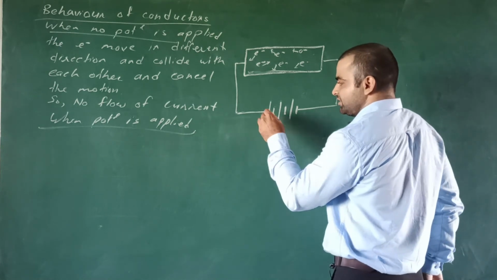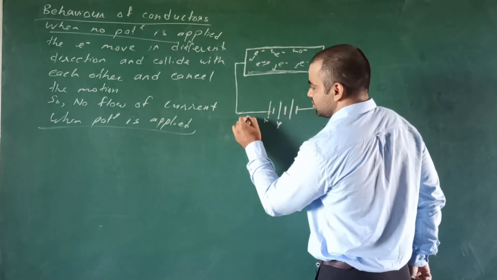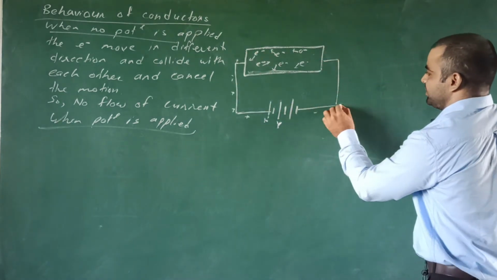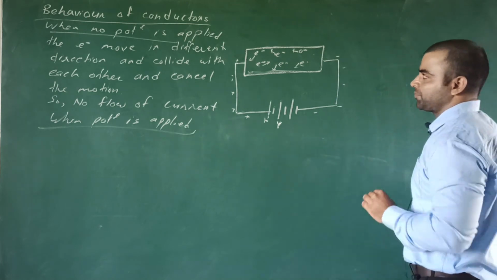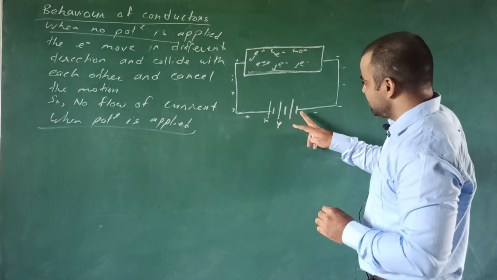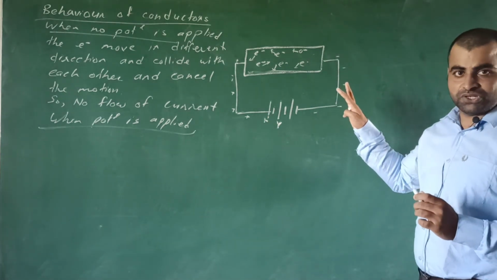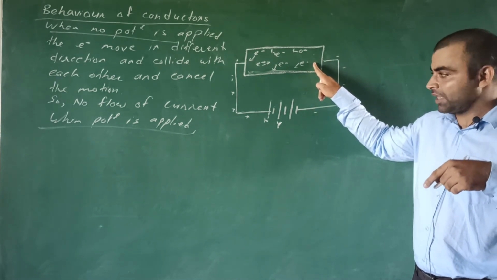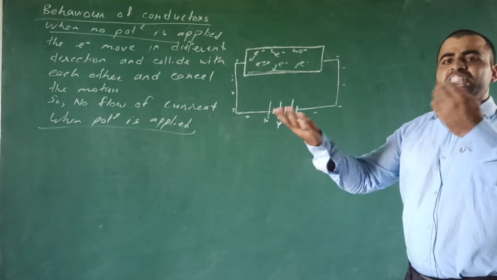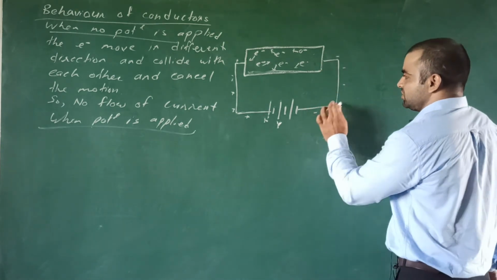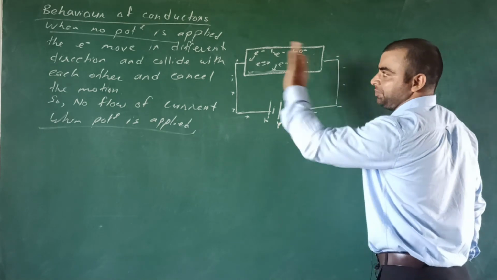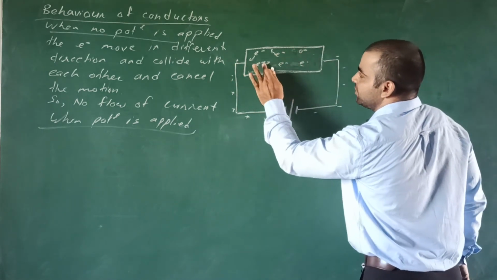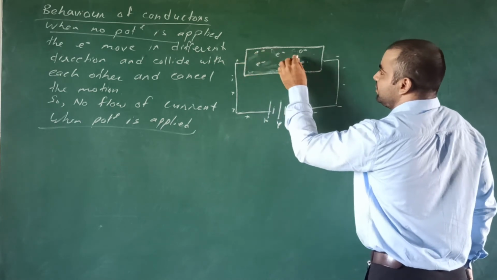This end will be positively charged and this end will be negatively charged. Electrons are also negatively charged, and like charges repel each other. So due to this negative charge, electrons will be repelled, and the motion of electrons will be in this direction.